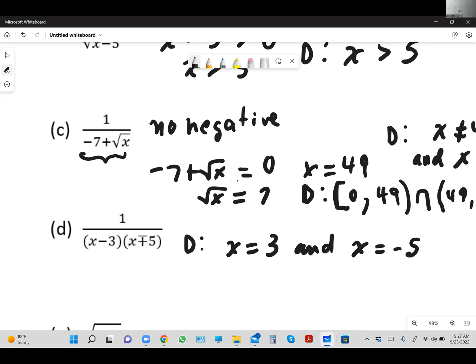So we're going to go from -infinity to -5, and from 3 to infinity.